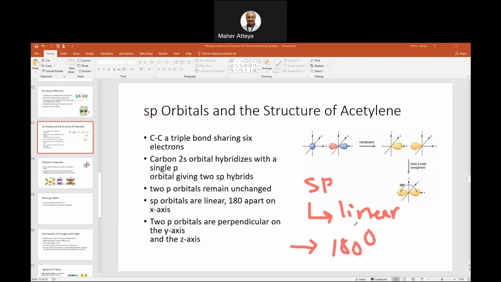You have one sigma bond, sp-sp. So how many do we have? We have three types of bonding. One is between carbon and carbon, this is sp to sp hybridization, correct?